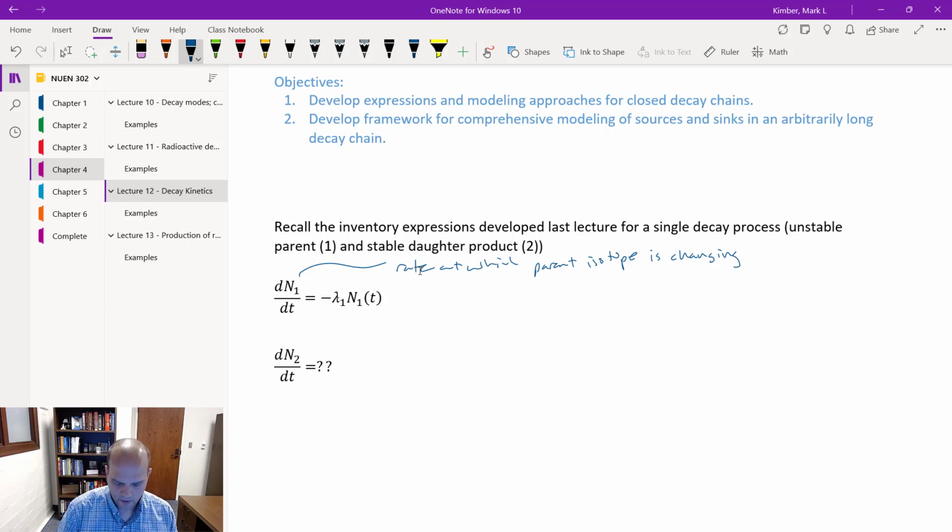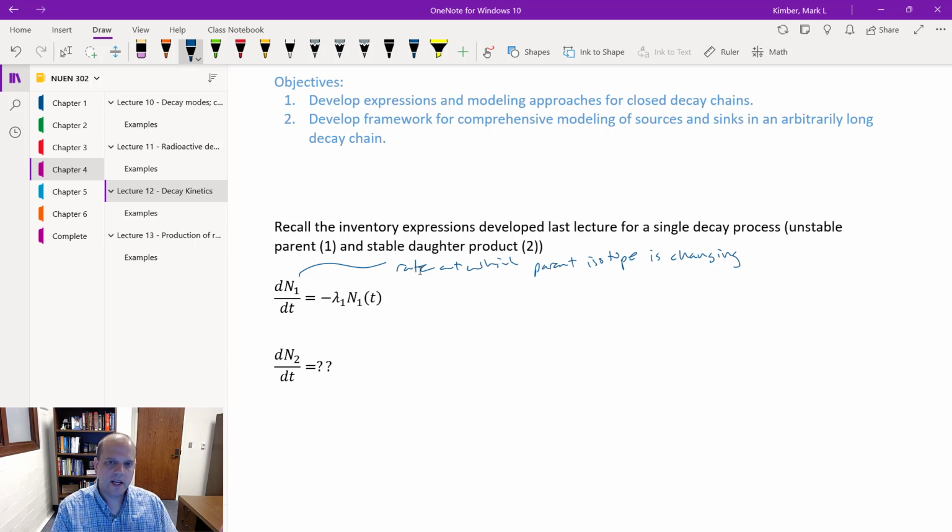And the question is, we have the daughter now, N2, the inventory for N2, that will also be changing with time, and we will assume that at time equals 0, this inventory was also 0. So at time equals 0, we had nothing but N1, and as time goes on, every one of those atoms is going to decay into isotope number 2.